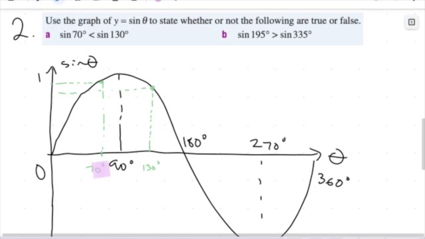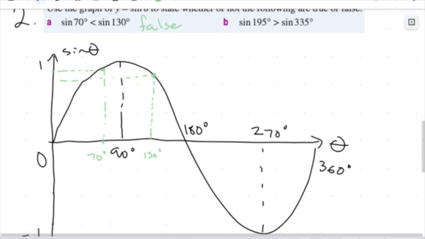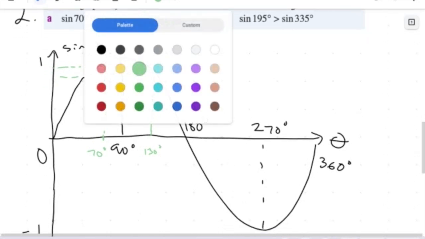Because my 70 winds up here, and my 130 winds up a little bit below it. So I'm going to say this statement is in fact false, because in this case, sine of 70 was actually greater than sine of 130. So let's look at part B here.